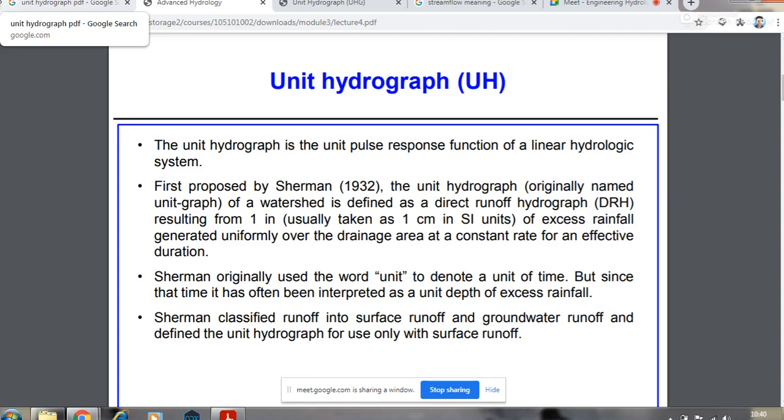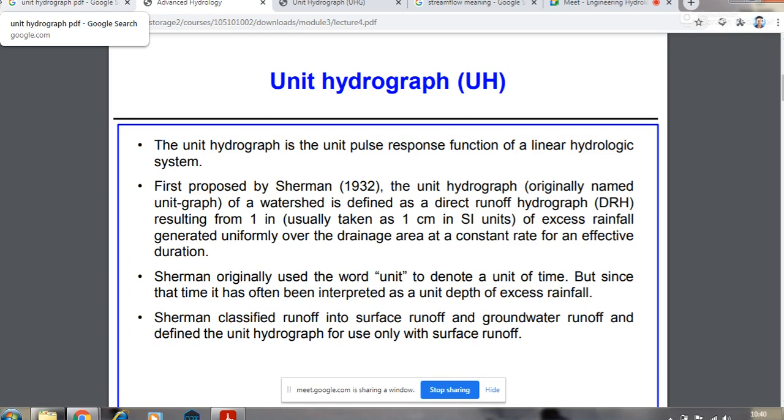Okay, so that means the hydrologic system, that means whatever be the rainfall that is happening for some amount of time, how the water is getting discharged from that particular place after the rainfall, each and everything is recorded. Okay, and they are defined in a graphical way.